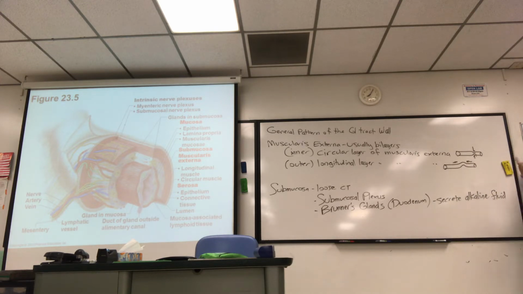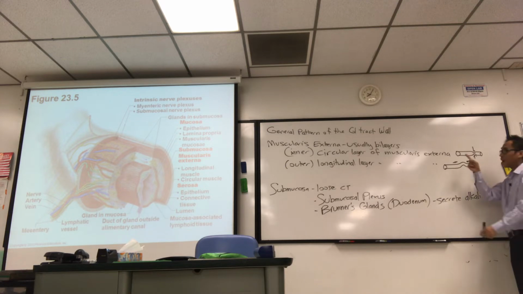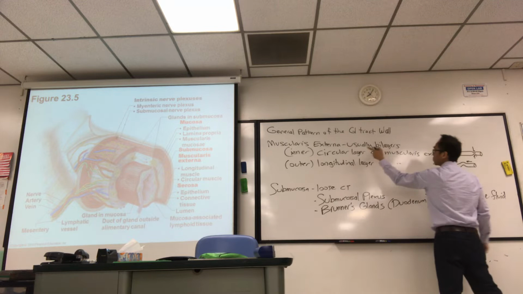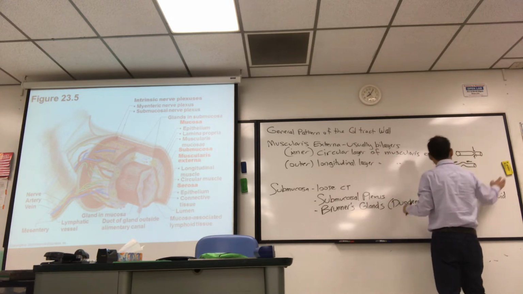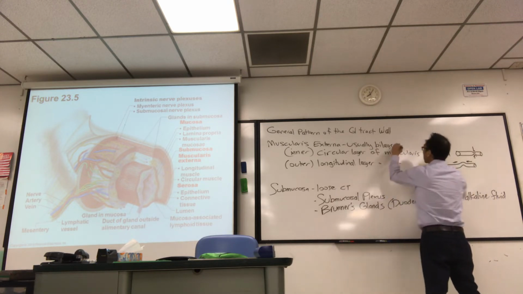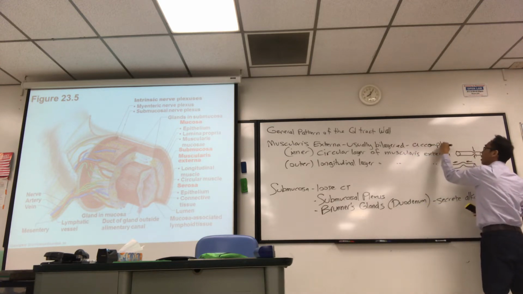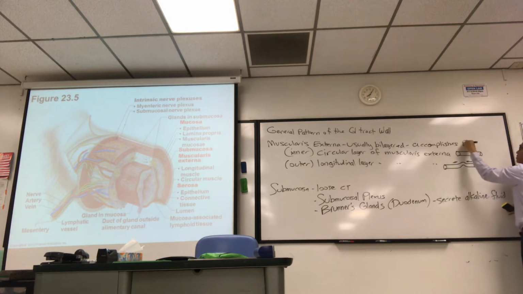So you can kind of pinch and scrunch, and that'll help push food in one direction. That will accomplish peristalsis and other things. So I say usually bilayered.